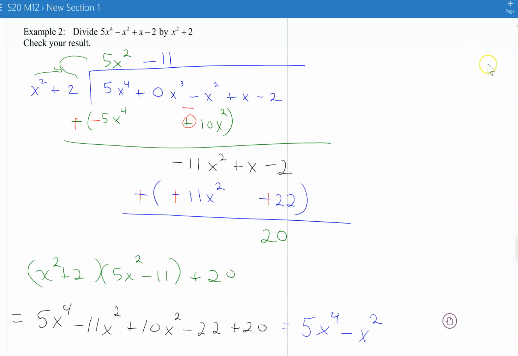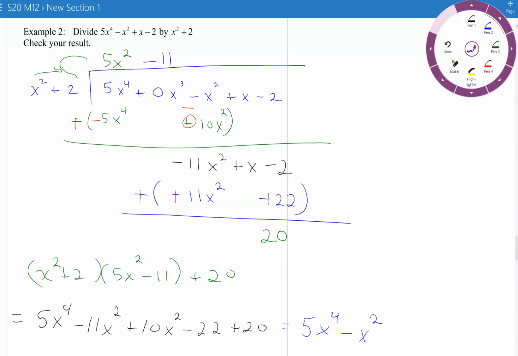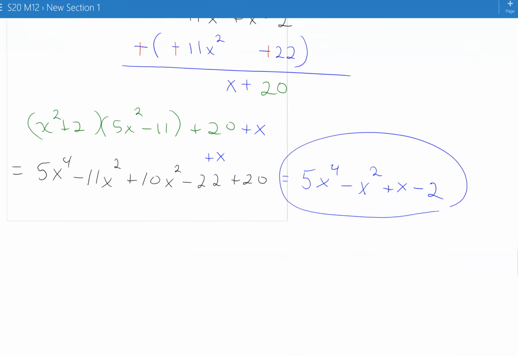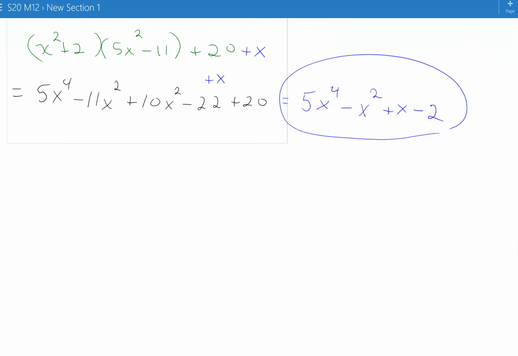And somehow I lost my x. Nobody said anything. So let's back up, and I have an x plus 20 here. So there's my plus x minus 2. So it's a good way to find little errors. So I'm going to leave that in the video. And if you have any questions, let me know.